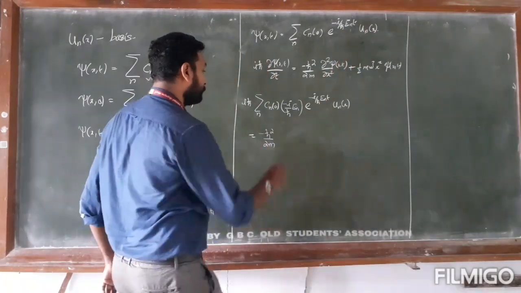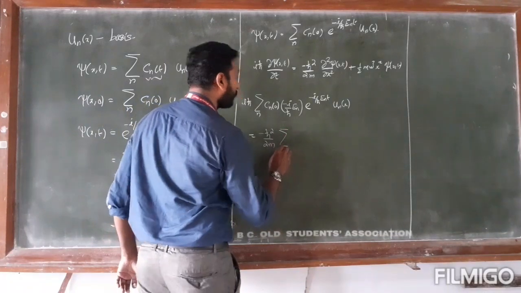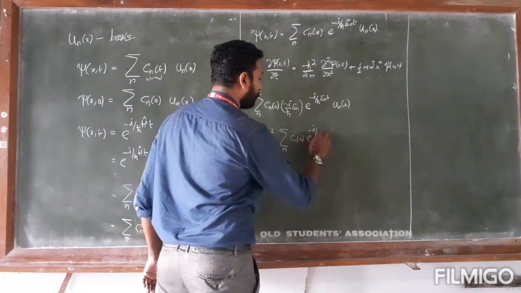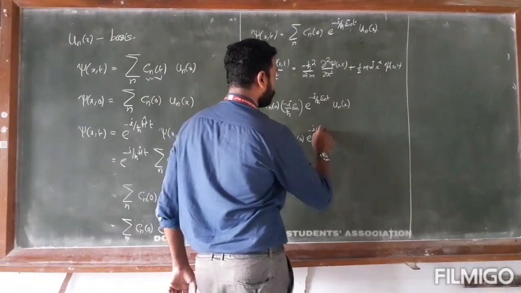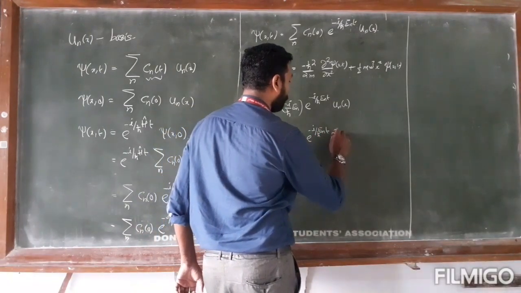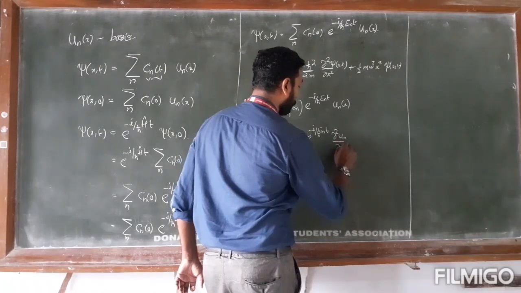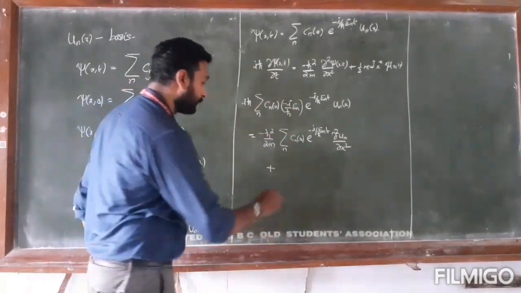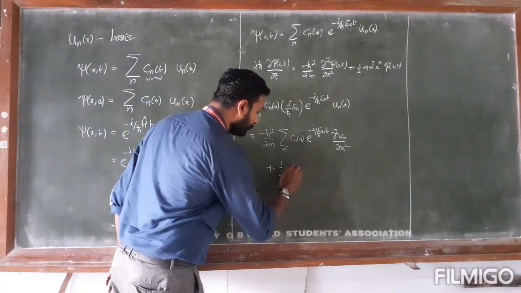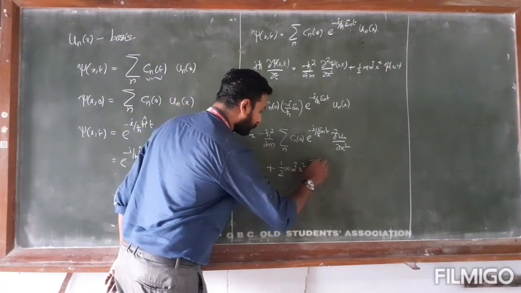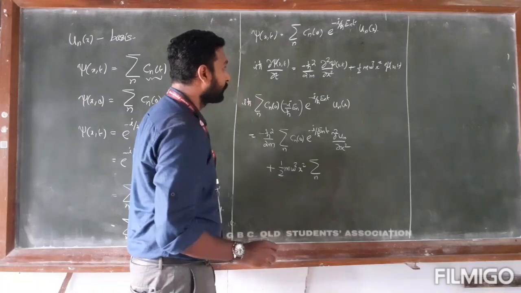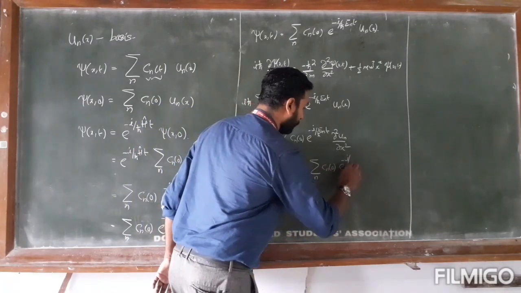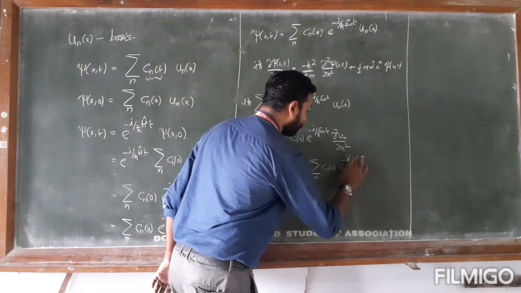So the equation becomes sum over n Cn of 0 e raised to minus i by h cross En t dou square un by dou x square, plus, and the last term is very simple, half m omega square x square sum over n Cn of 0 e raised to minus i by h cross En t un of x.